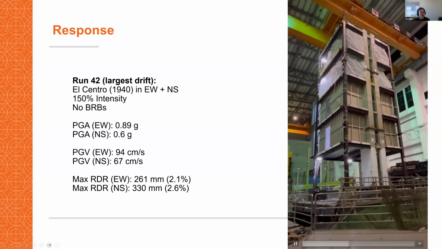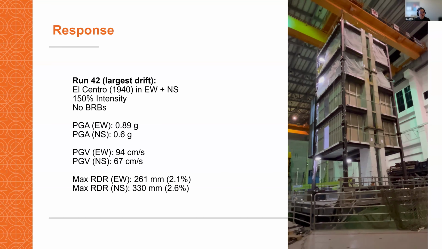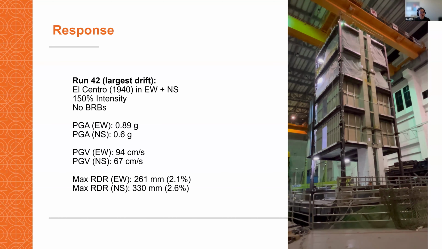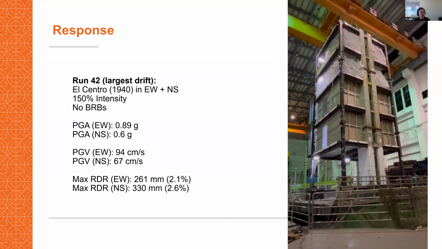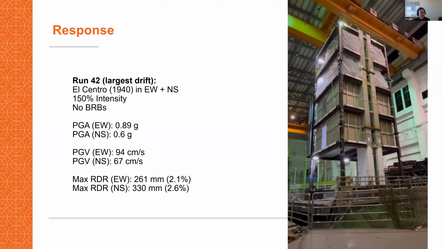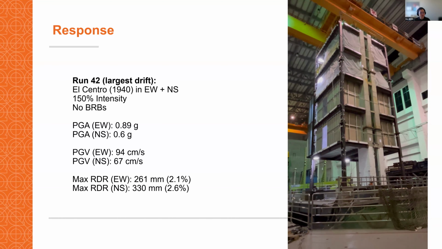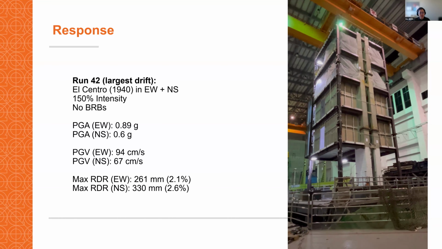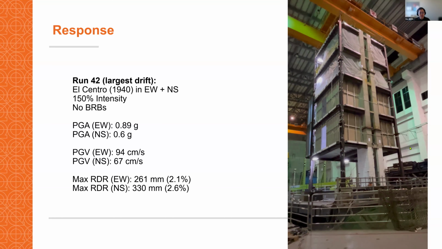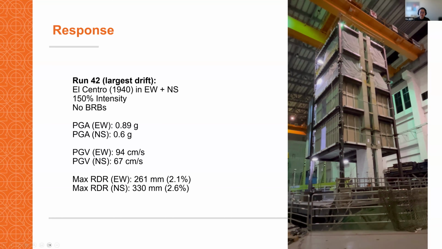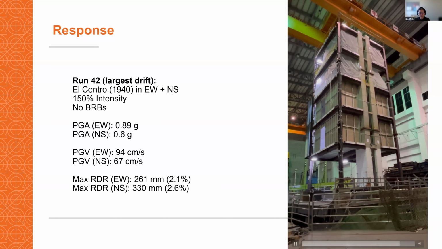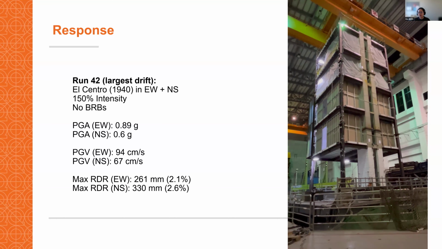There's no BRB. The max roof drift ratio is up to 2.6% at the roof. So I think you are quite convinced that we actually induced a heavy earthquake, and during the shaking, you can see some torsional behavior of the building.